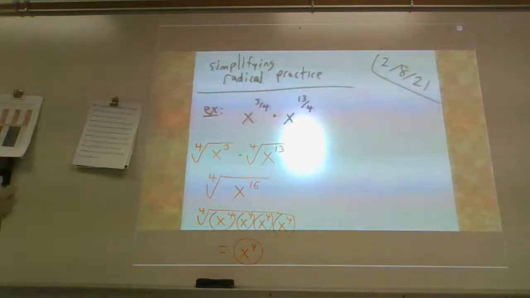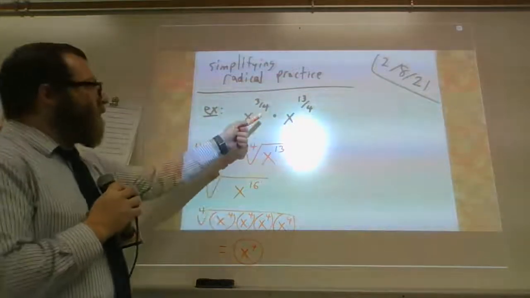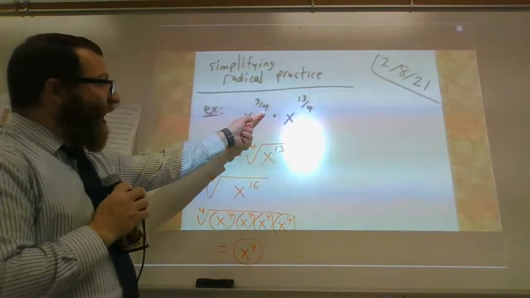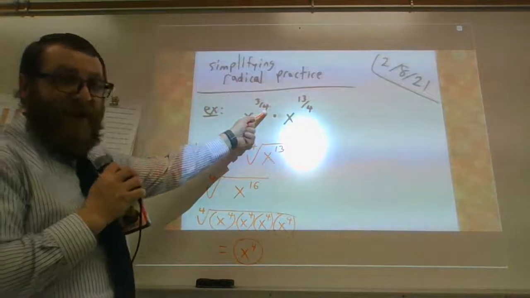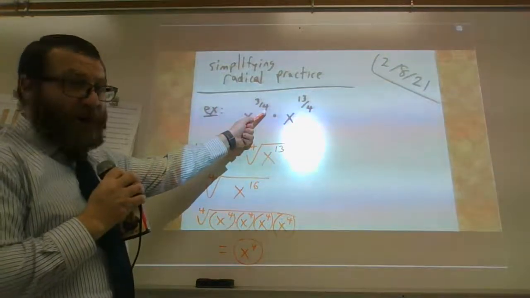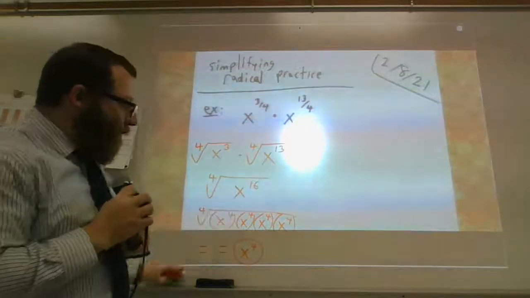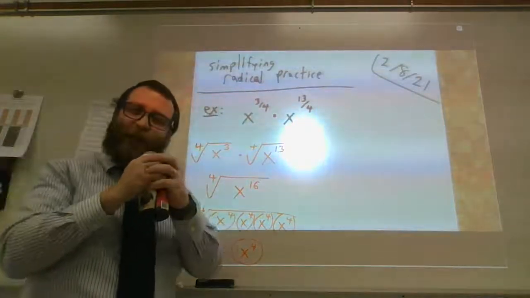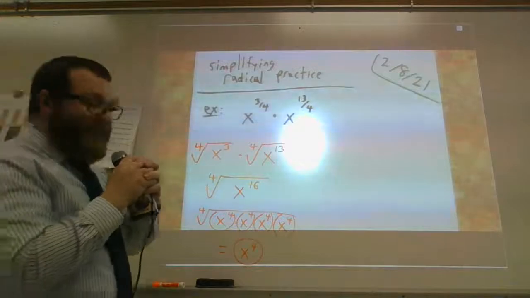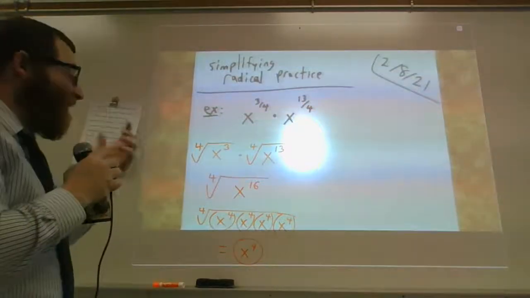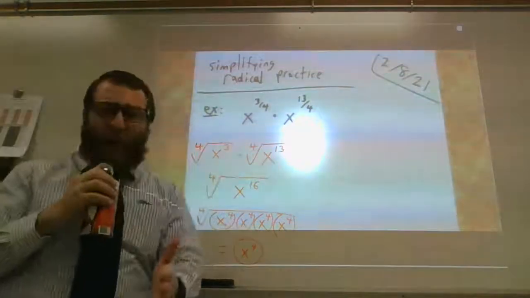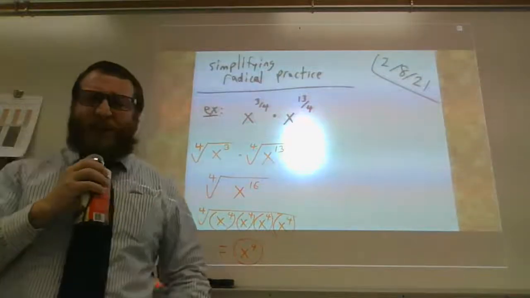It's a strategy. First, you could convert the problem into radical form because they both have a fourth root on the fraction. You could bring them together into a single fourth root because they have the same type of root, which is fantastic. That's a property that you are allowed to do when there is multiplication or division between them.